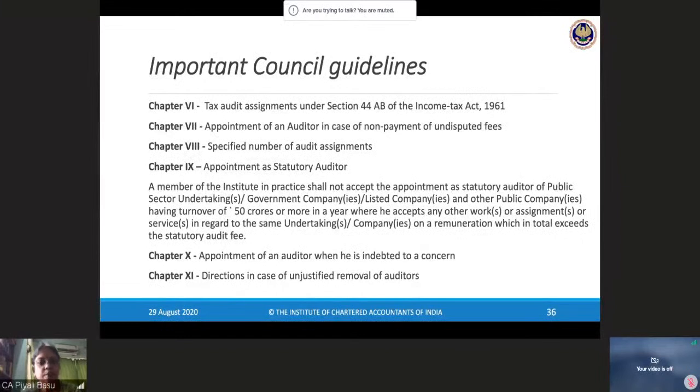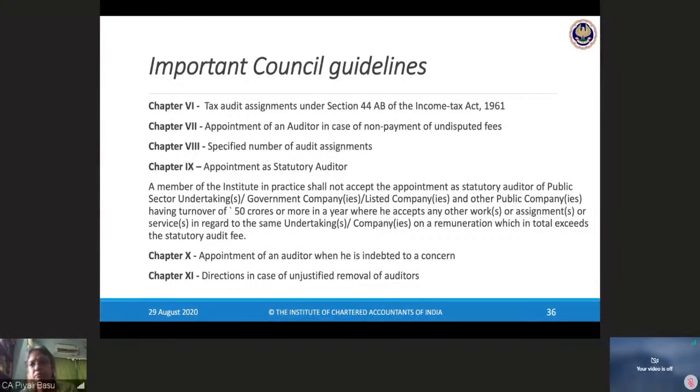There are certain specific guidelines given by section 141, subsection 3, clauses F, G and H, which should be read. Not to go into the detail, just to inform you, these should be read while you are reading the Council guidelines, where they talk about who is a relative, and that not more than 20 audits can be taken up by an auditor, and certain offences he has committed.